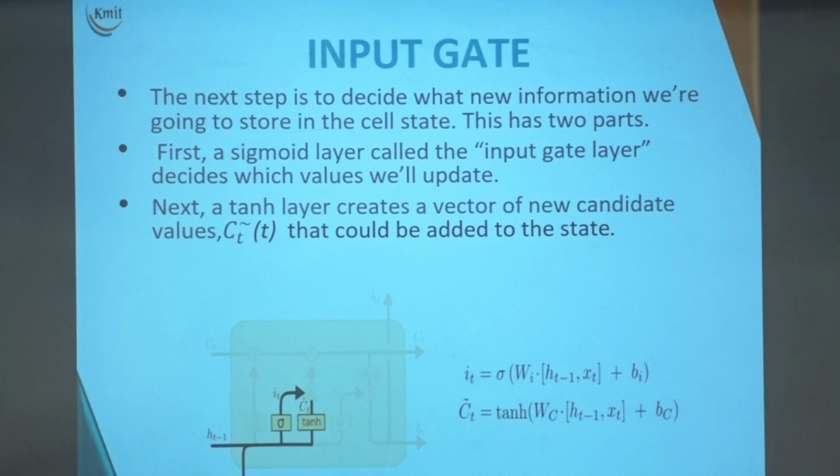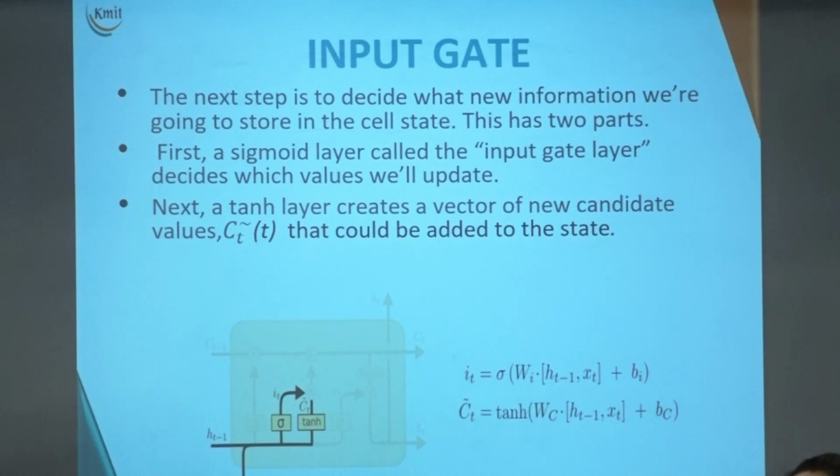It has 2 parts. The first layer is a sigmoid layer, which will decide the values that we will update, the new information taken from the forget gate that is to be added to your cell state. And the second will be a tanh layer. Why do you require it? Because you need to create a new candidate vector that is now entering your memory.